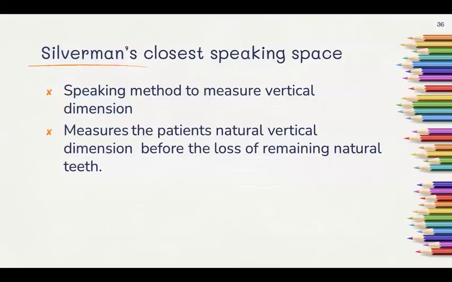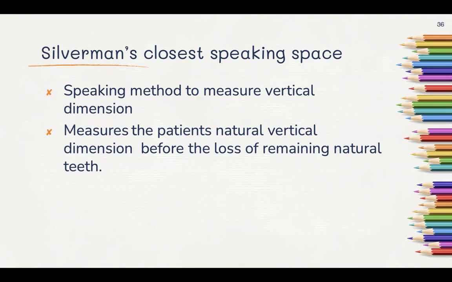Silverman's closest speaking space is one of the most important phonetic techniques we use to check vertical dimension of occlusion. And it's a speaking method which is popularly used. So if the patient is unable to say S, Saraswati, Mississippi comfortably with the dentures on, then there is no speaking space. That shows that the vertical dimension is high.